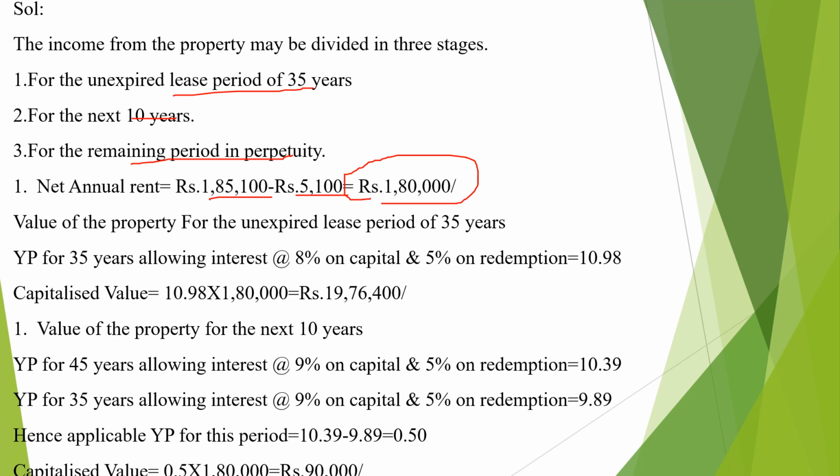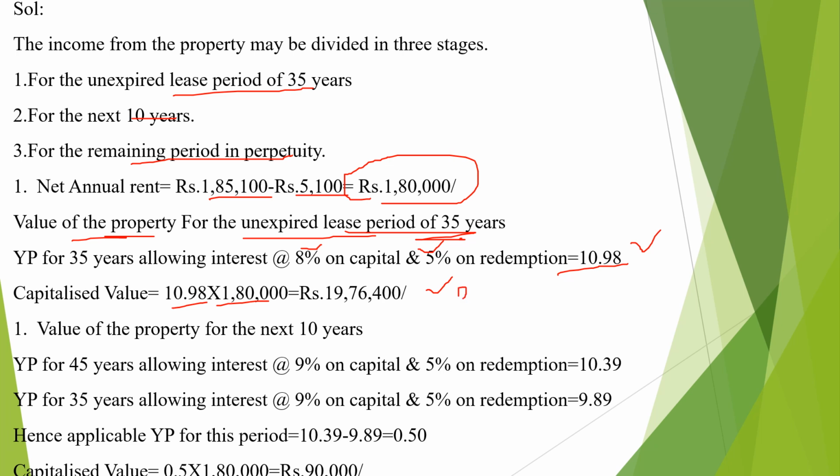So the value of the property for the first case, the unexpired lease period of 35 years, at 8% and 5%, you calculate YP dual rate, which comes out to be 10.98. So the capitalized value comes out to be 10.98 into 1,80,000, which is 19,76,400.